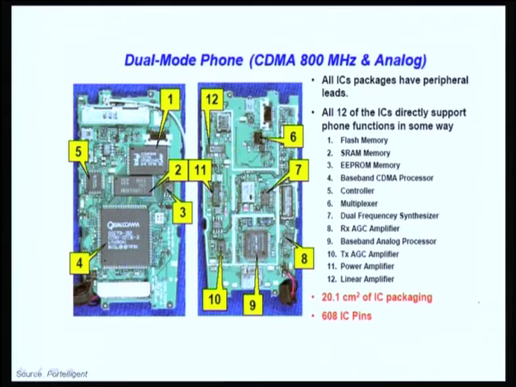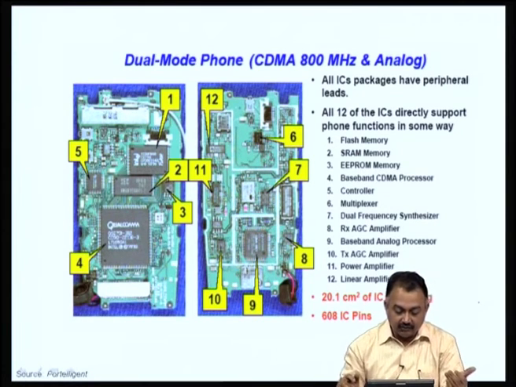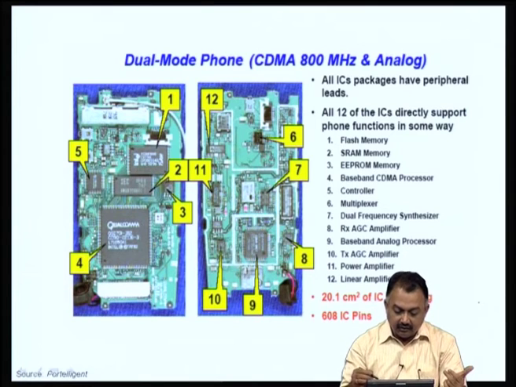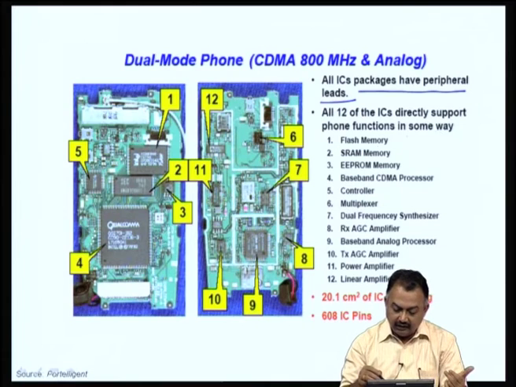If you look at this picture, which is again a mobile phone opened up, you can see the two different printed wiring boards or substrates where all the IC packages are mounted along with the passive components. You can see in this particular example, an old technology, IC packages have peripheral leads, not necessarily area array leads, and each of the 12 ICs in this example has different functionalities.